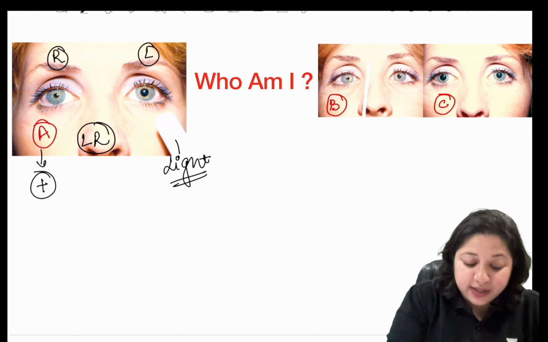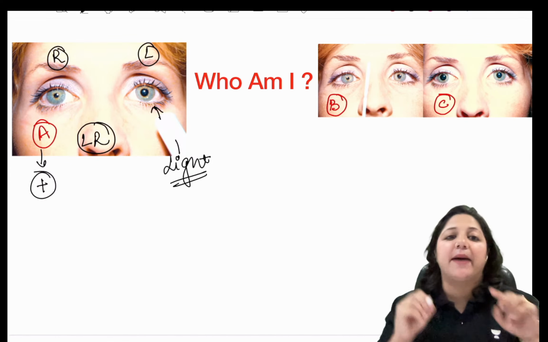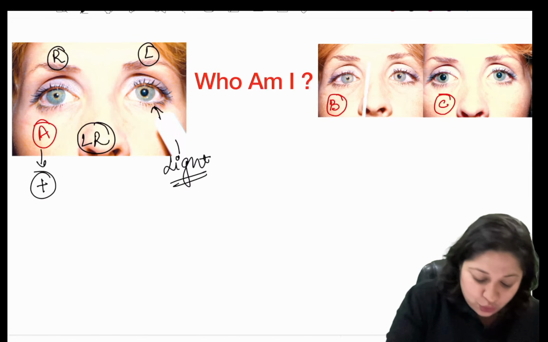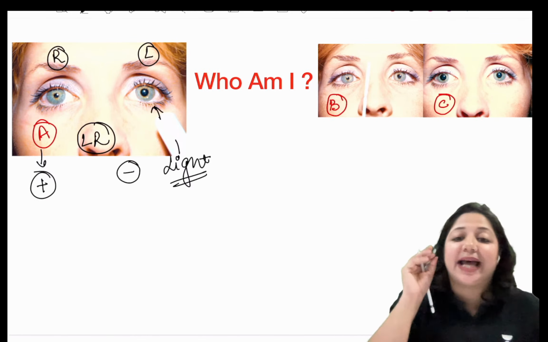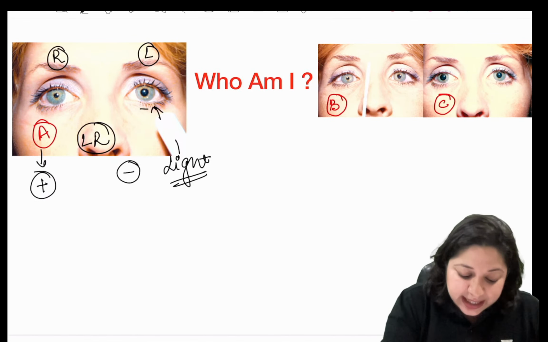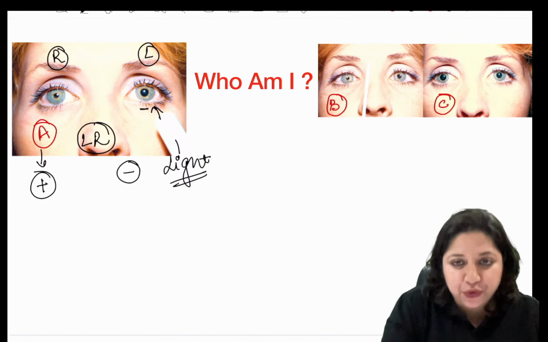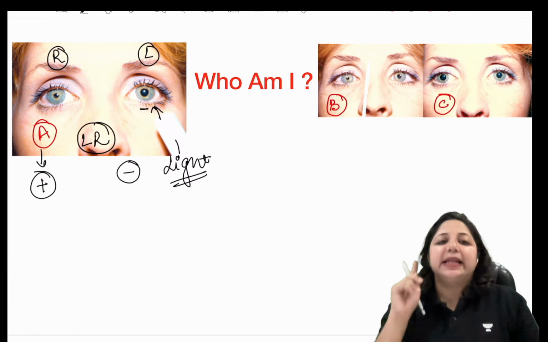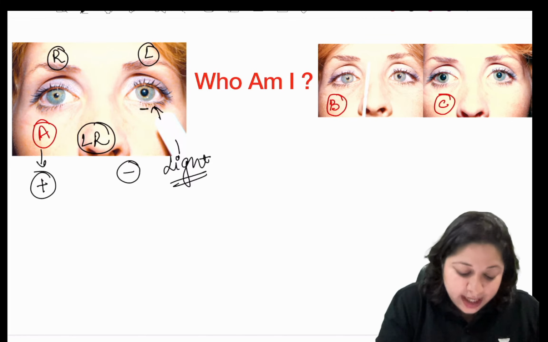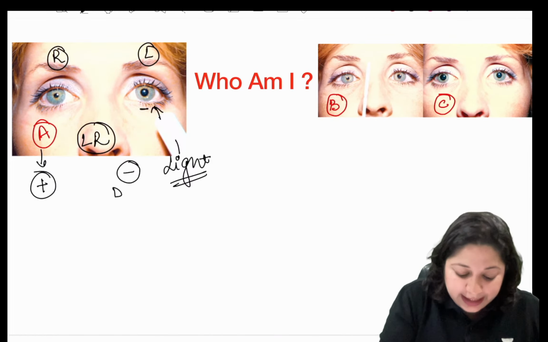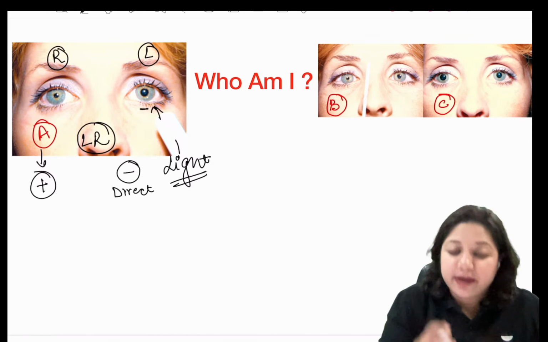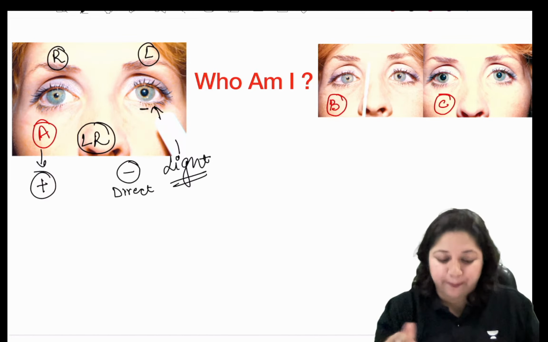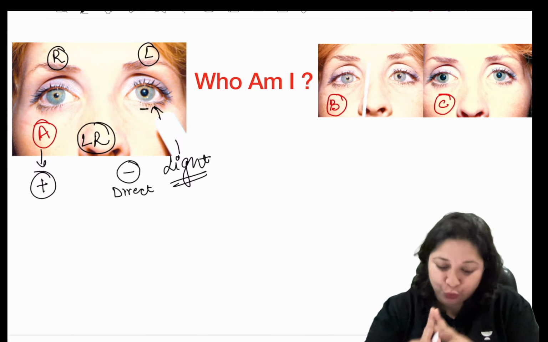But since there is no direct light coming in the left eye, the direct light reflex is absent in the left eye, but the consensual is seen in the right eye. So in the left eye, once the light is shown, there is absence of direct pupillary reflex. That is absent.